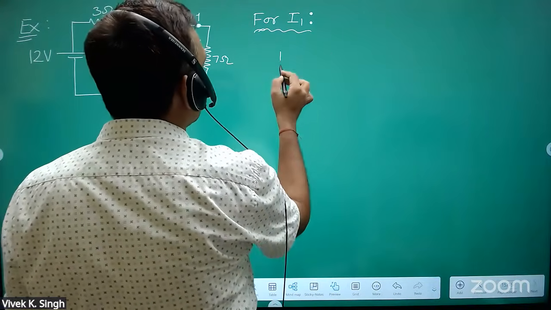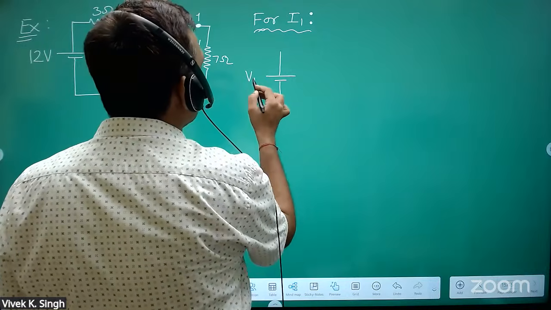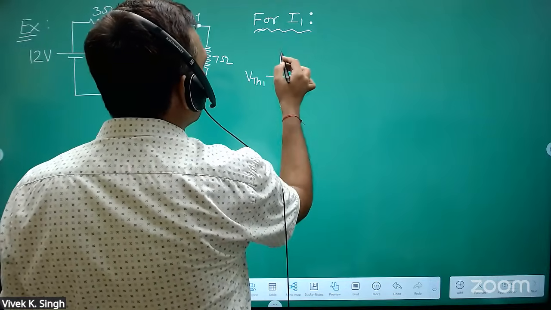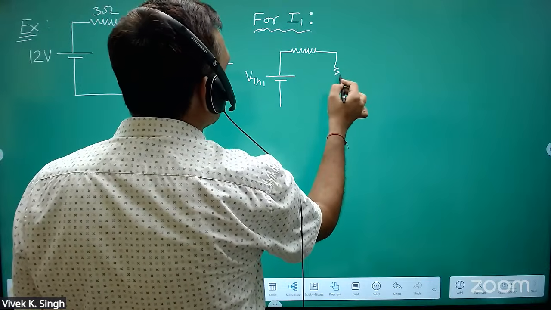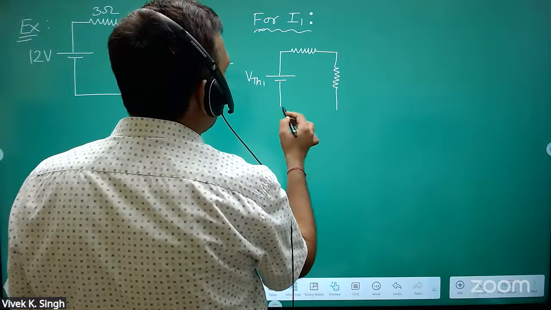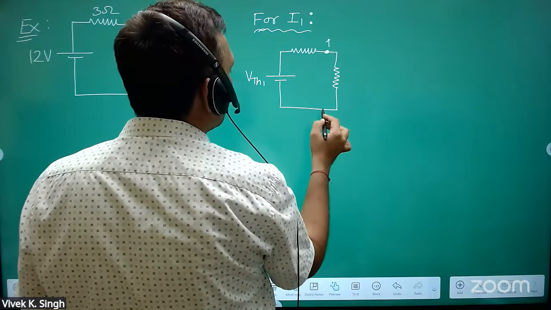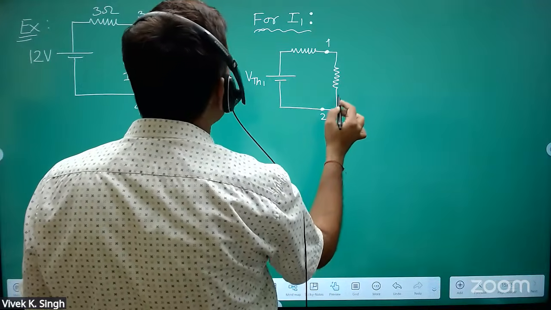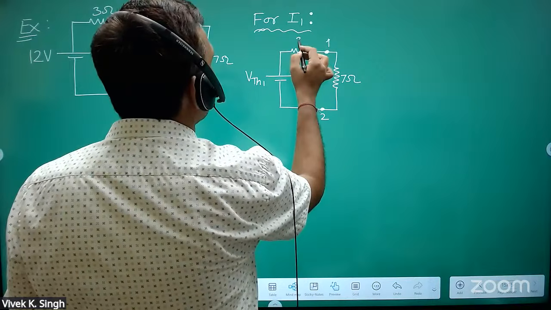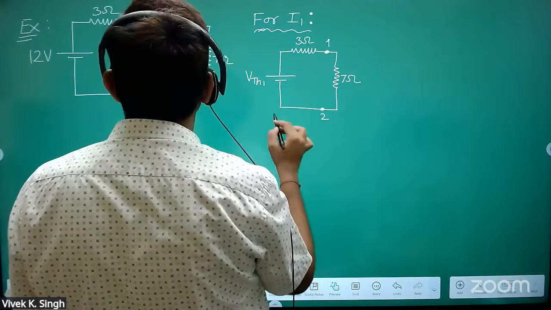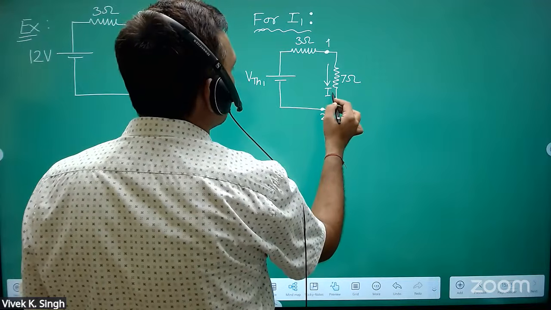So you have VTH1, RTH1 across the load. This point is 1 and this point is 2. This will be 7 ohm and this is 3 ohm and this current is I1.